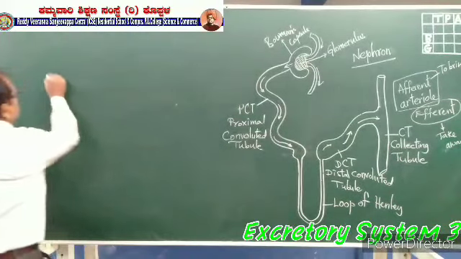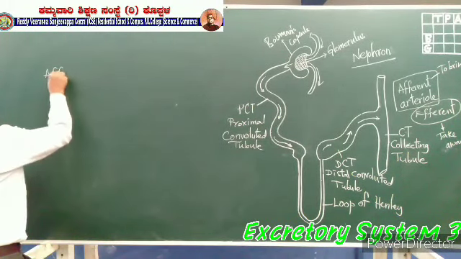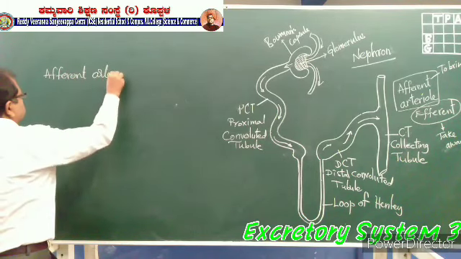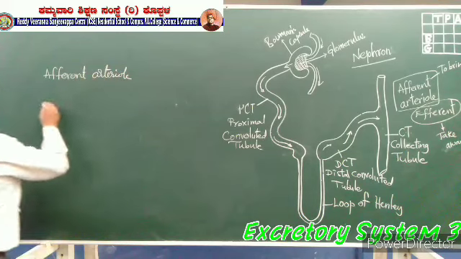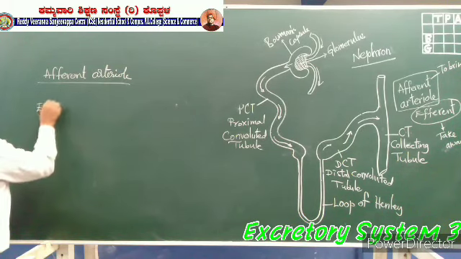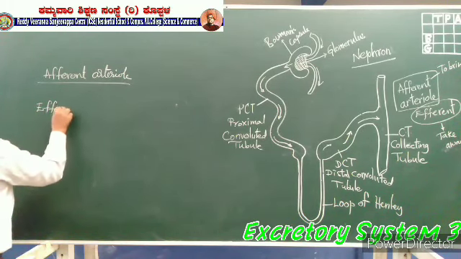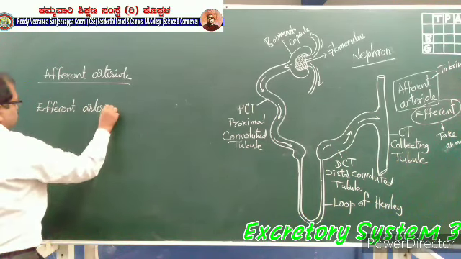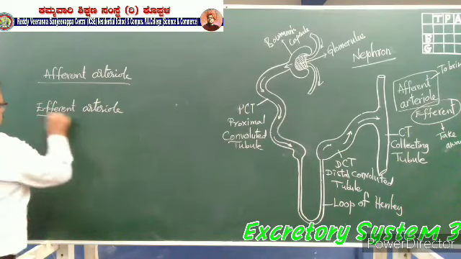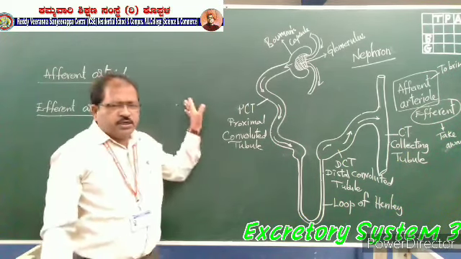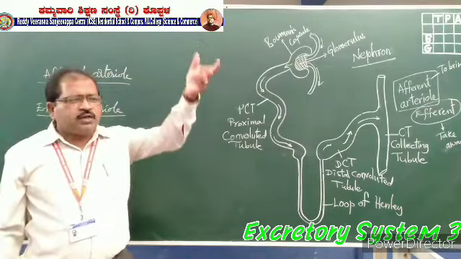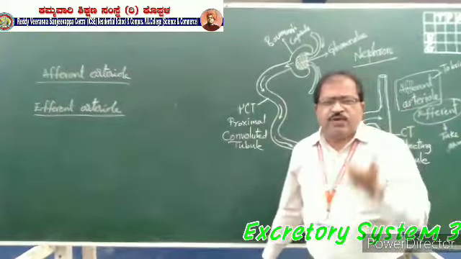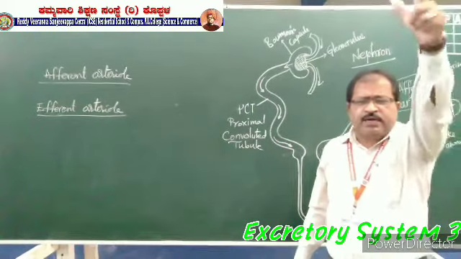One is the afferent arteriole, another one is the efferent arteriole. Actually, before teaching this internal structure, I already told you, the renal artery will bring the blood to the kidney, and the renal vein will take the blood from the kidney.